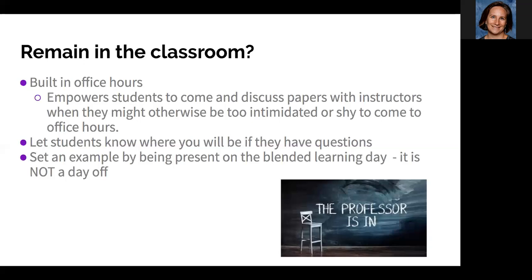We're aware that not every university has the ability to open the classroom and make it available if there's not a class being held in there. So maybe give the students some idea, like I'll be sitting in the library or I'll be in my office, and make sure they're really aware where that is, or I'll be available by text message or phone. That can really help make the blended learning days run a bit more smoothly.